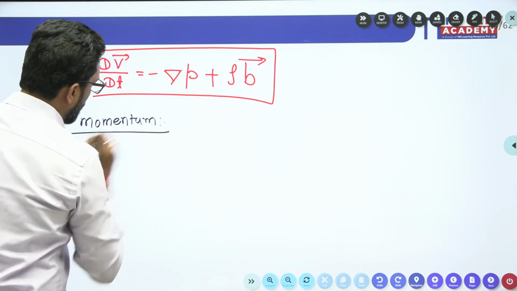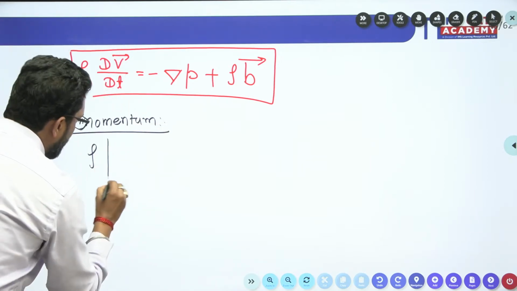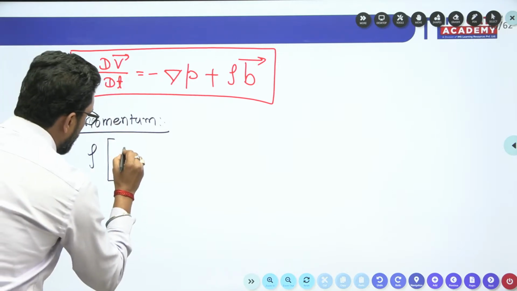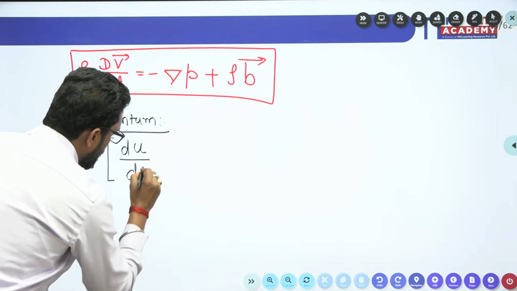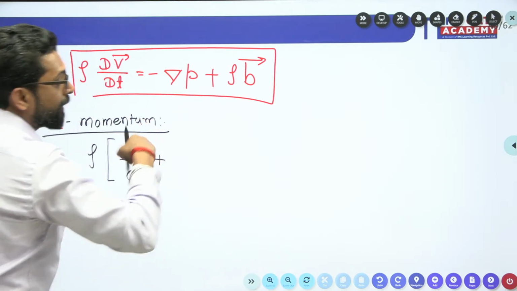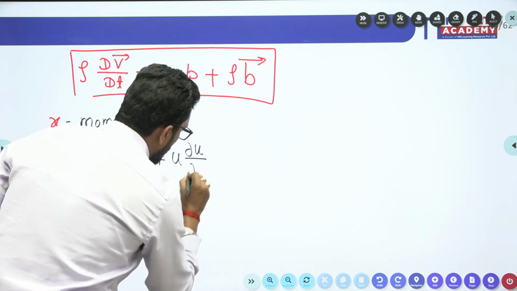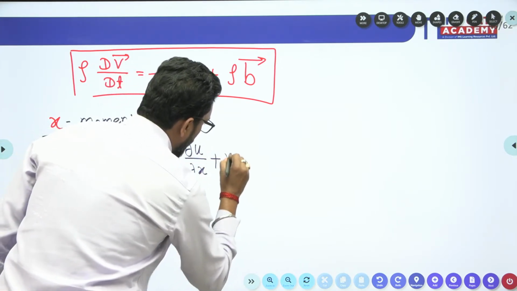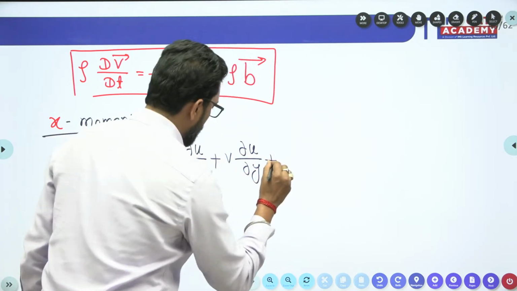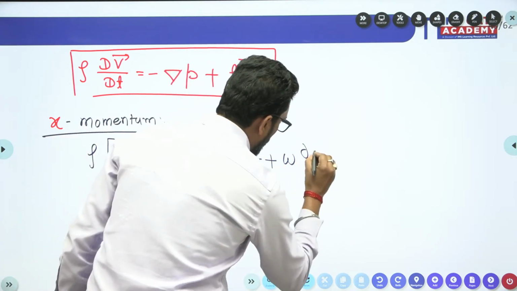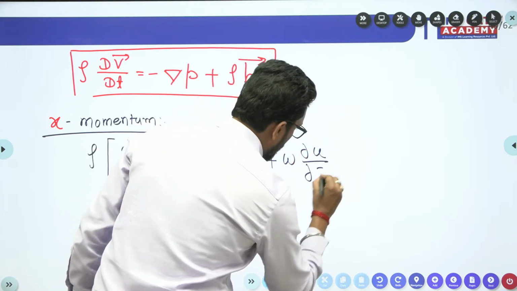This is x momentum. And how can we write x momentum? See, rho, split this material derivative: dou u by dou t. Now you take the convective acceleration: u dou u by dou x plus v dou u by dou y plus omega dou u by dou z.